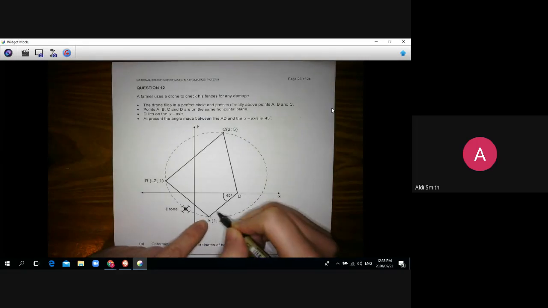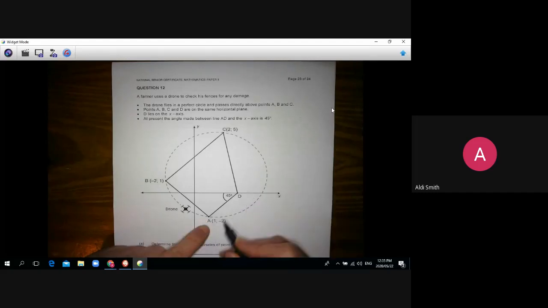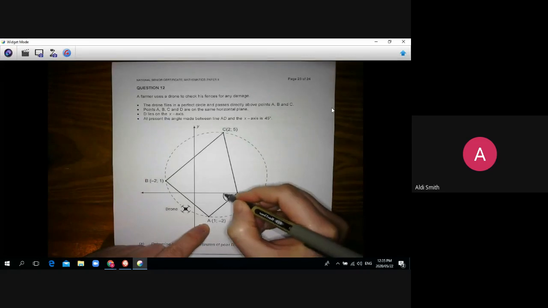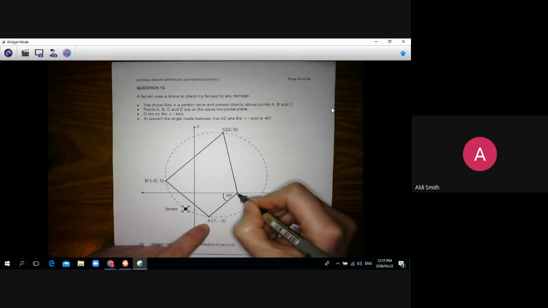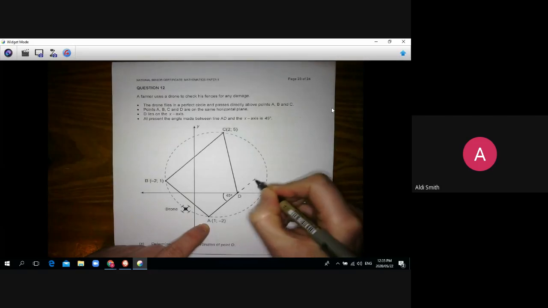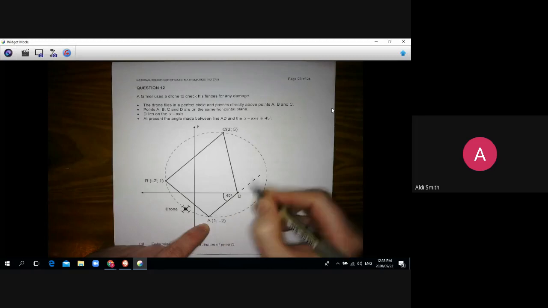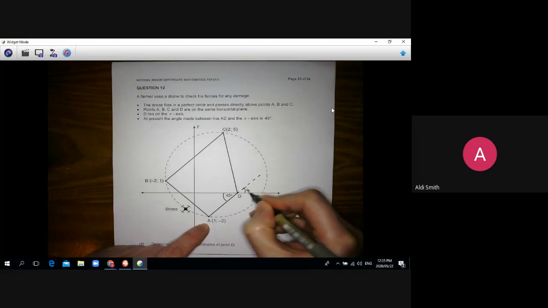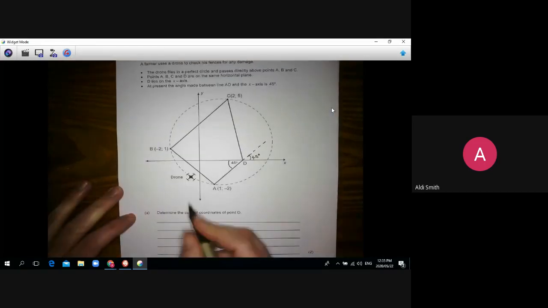Currently, we don't have the equation of line AD, but because we've got this point, which is the point (1, -2), and I've got this angle, I can actually work out the equation. Because, believe it or not, if I just straighten this line through, this is 45 degrees, which is the inclination of that line. So I can say the gradient of AD is equal to tan of the inclination, which is 45. And by the way, hopefully you should know tan 45 is equal to 1.